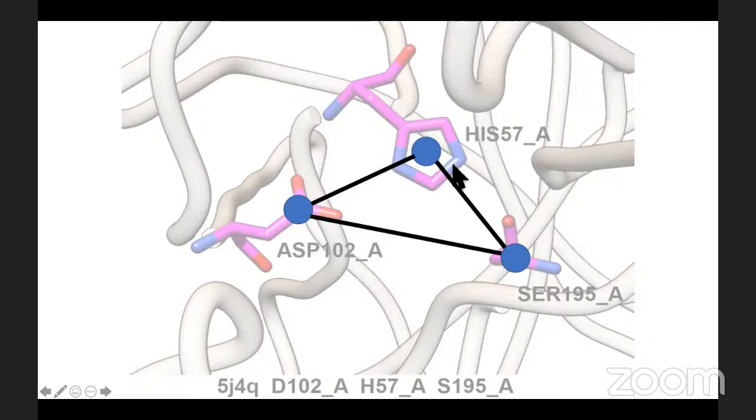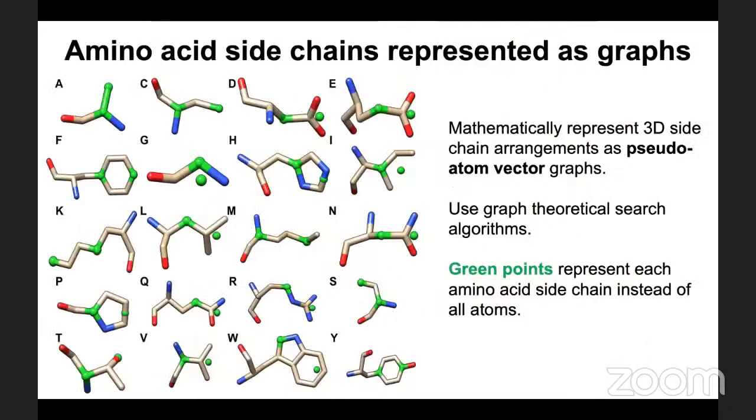Now let's take that a step further. We will try to represent the 3D side chain arrangements as what we call pseudoatom vector graphs. Now they're pseudoatoms because you take a whole amino acid side chain here.